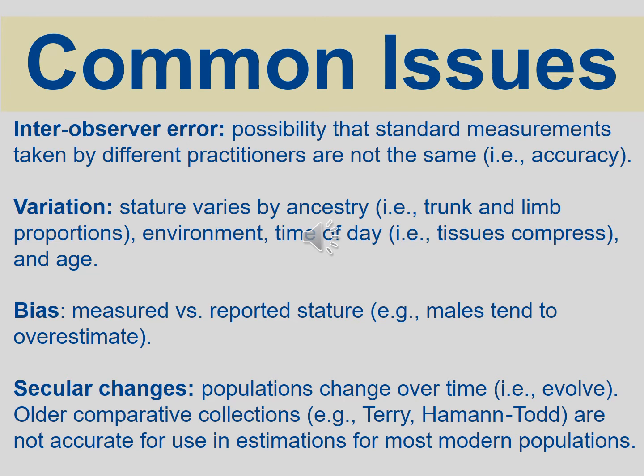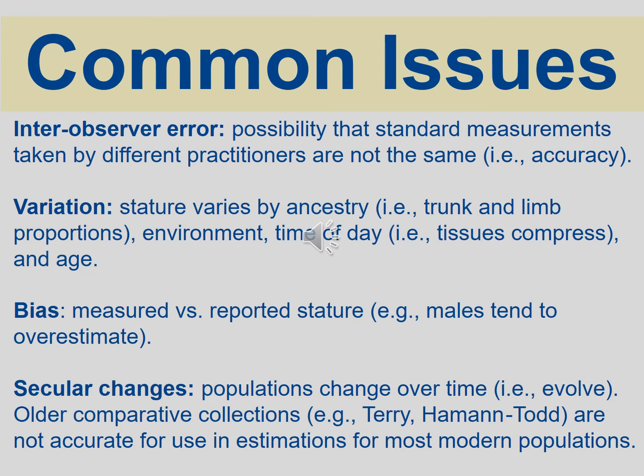And this means that there are different ratios of trunk length or torso length in comparison to the limb length. For instance, people with African or African American ancestry typically have longer trunks compared to individuals from other ancestral groups. So this is something that needs to be taken into account.